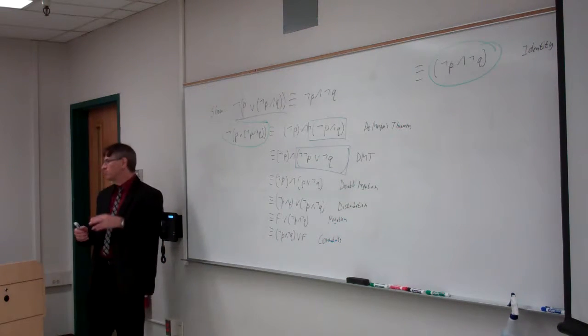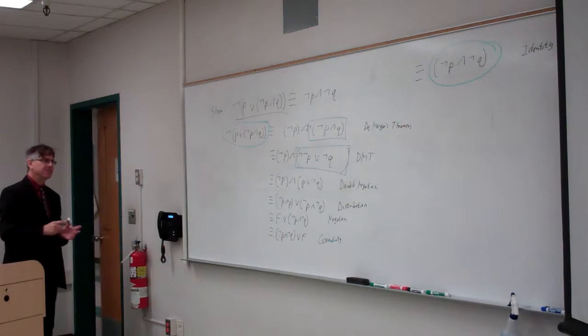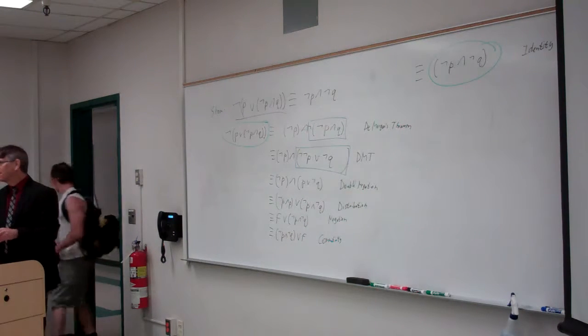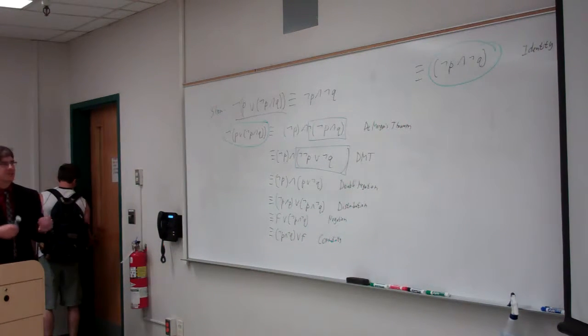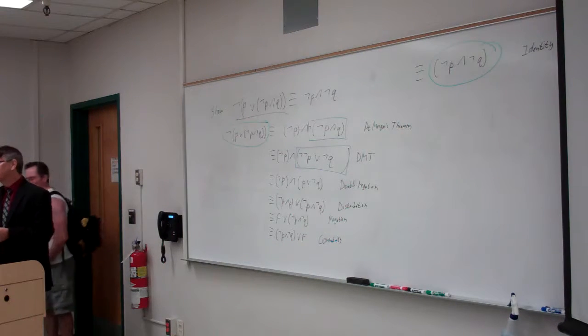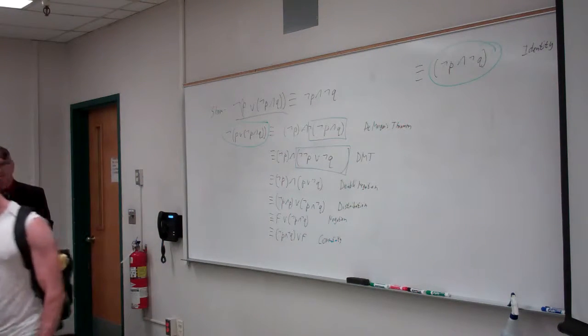So you've got several of these identities, double negation, distribution, commutativity, and so on, and by using those you try to transform one side of your expression until it looks like what you're trying to show it's equivalent to.